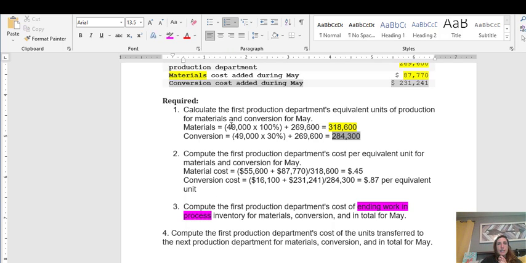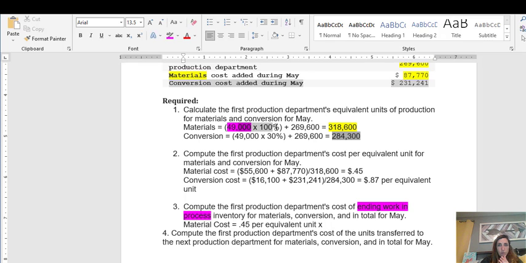The ending work in process has 49,000 units in it, right? But they are only equivalent to 49,000 units for material. So when I go to do the multiplication of the material cost, my material cost equals 45 cents per equivalent unit. That will get multiplied by the number of equivalent units sitting in ending WIP.